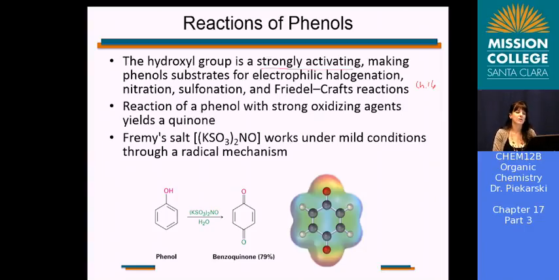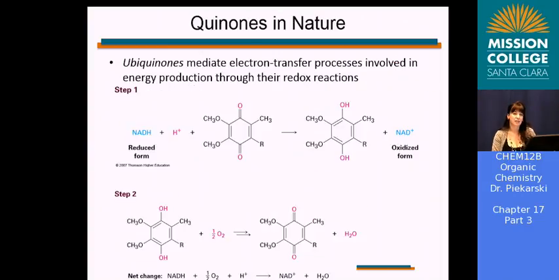I'm not going to really go into a lot of detail about quinones. They are very useful. We see them a lot in nature, and that's why I wanted to point it out to you, for those of you who plan to take biochemistry. Ubiquinones, which are in the mitochondria of cells, help to mediate respiration processes and basically do electron transfer redox reactions in order to produce energy in the body.